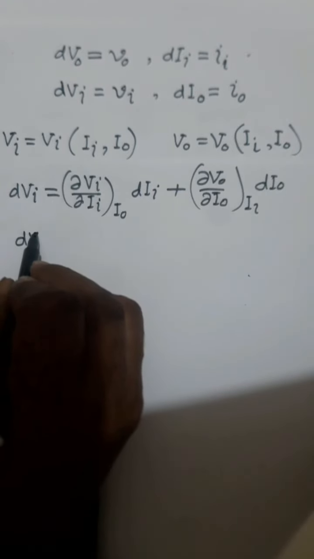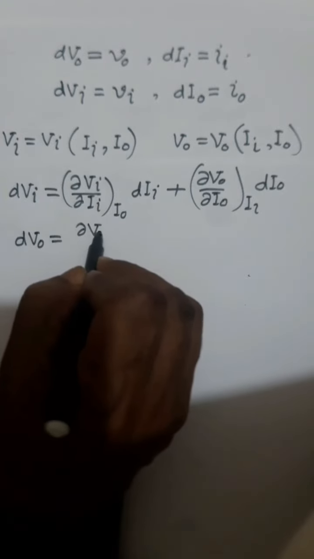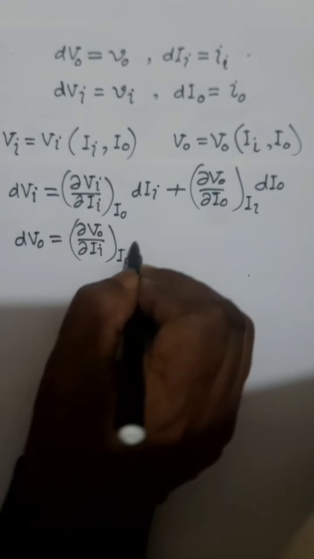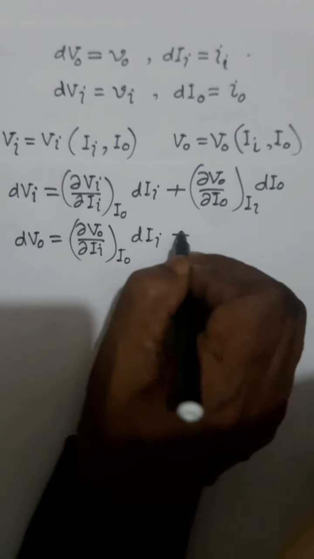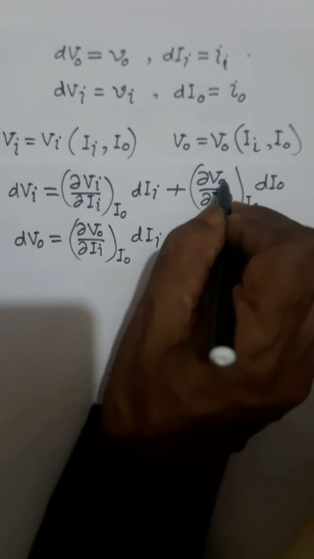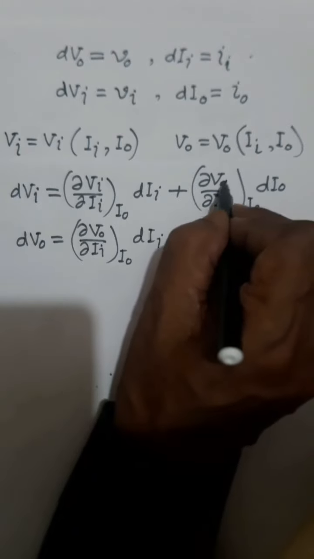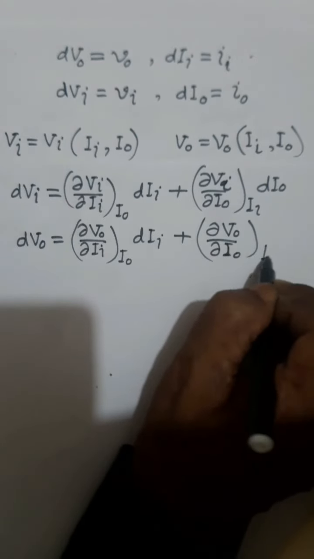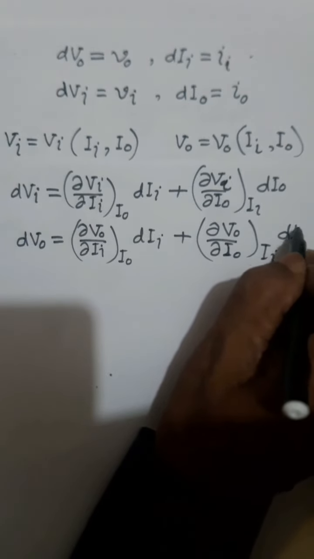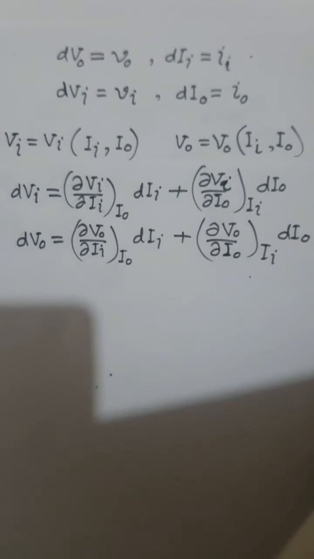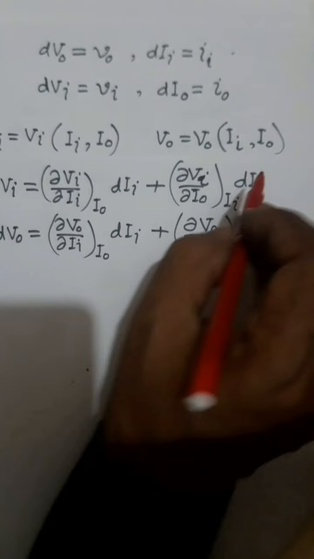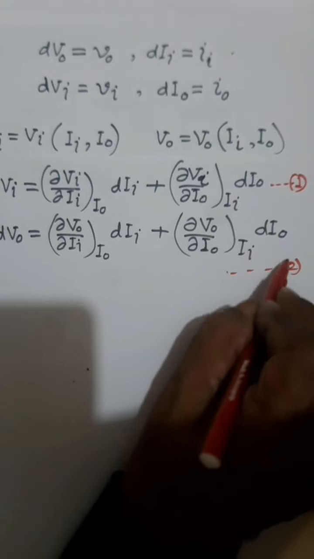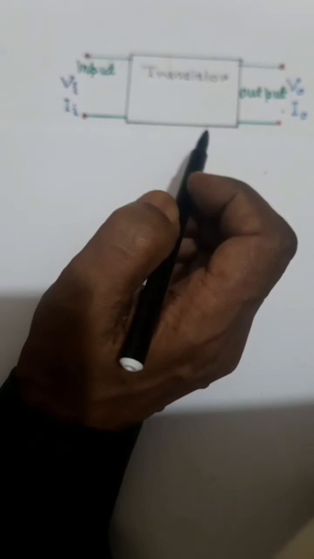Similarly, dVo equals del Vo by del Ii, constant Io, dIi, plus del Vo by del Io, constant Ii, dIo. This is equation 1 and equation 2.